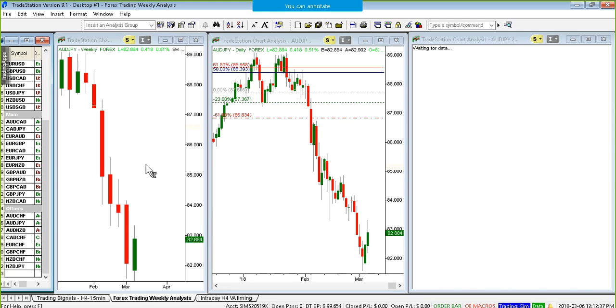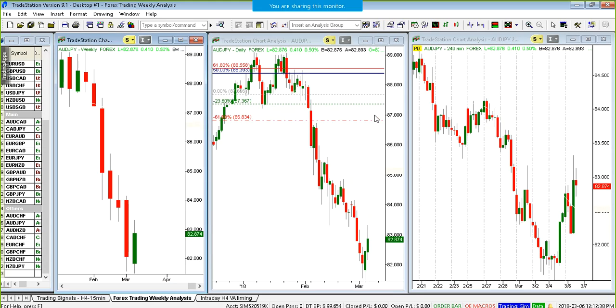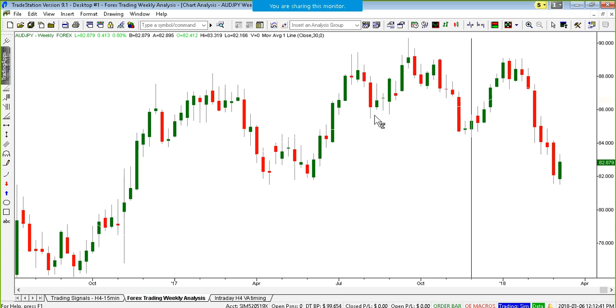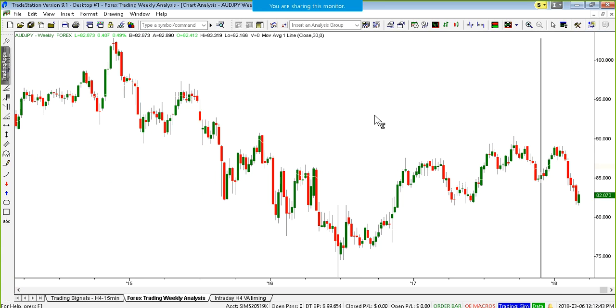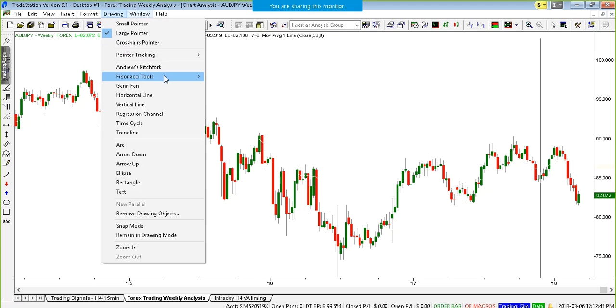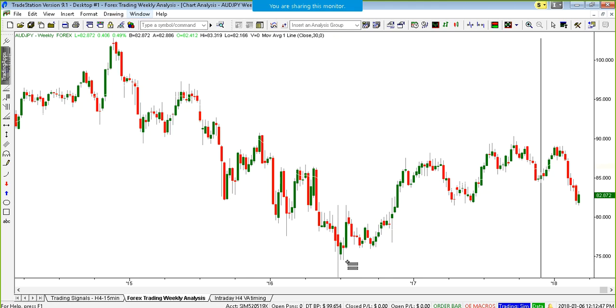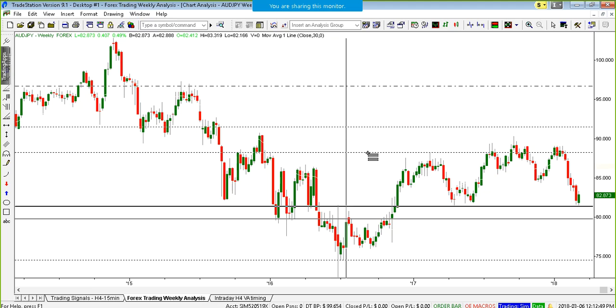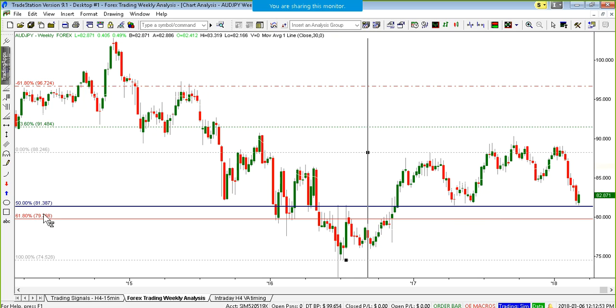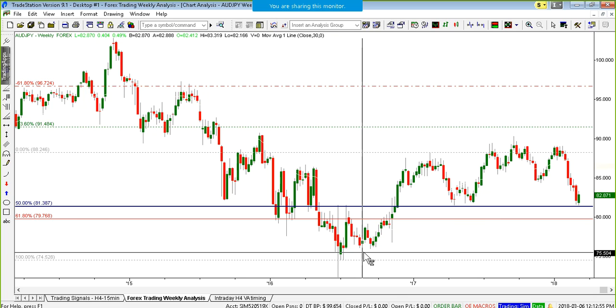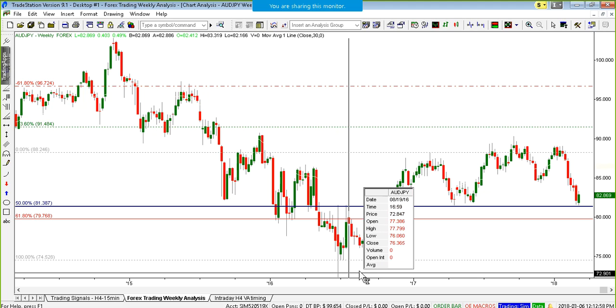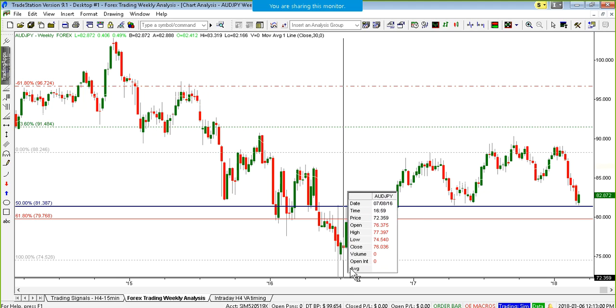Australian dollar, Japanese yen. Also, this market moved lower. You remember that in this market we actually have 50%, the 81.38, and we can trace this in different ways due to this spike here.